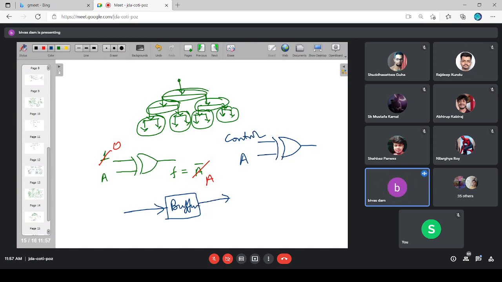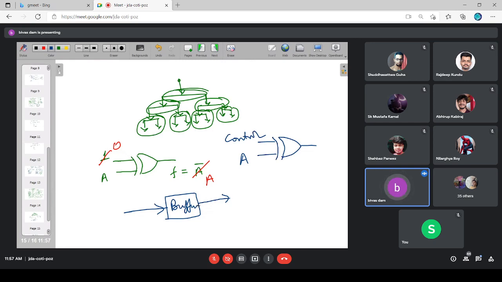So if the control input is 0, this two input XOR gate is operating as one buffer. Whereas if the control input is 1, it operates as an inverter. So that's another specialty of the XOR gate. One specialty is the output will be true whenever the count of ones in the input pattern is odd.